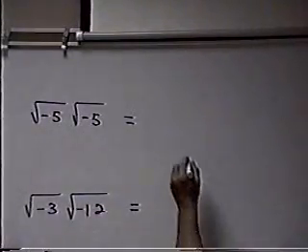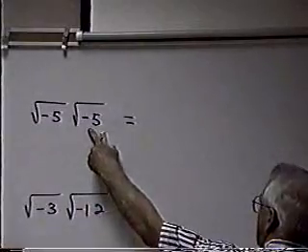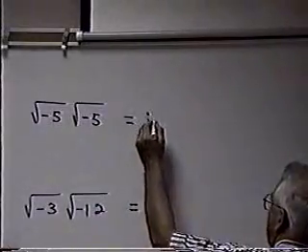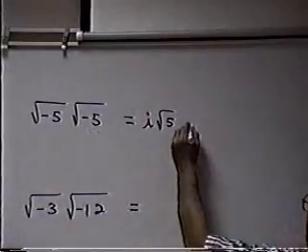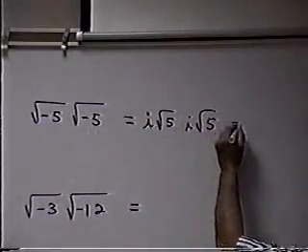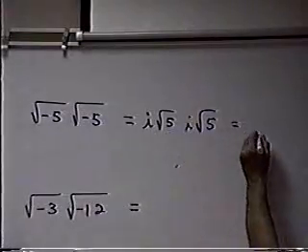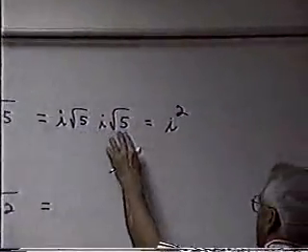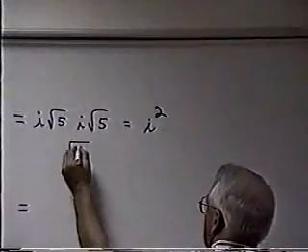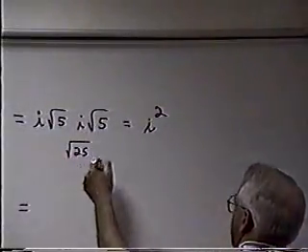But we can't do that. What we must do with the square root of minus 5 is change it to i times the square root of 5. And then this one is i times the square root of 5. So we get i squared. And now what is the square root of 5 times the square root of 5? It's the square root of 25. Square root of 25 is 5.